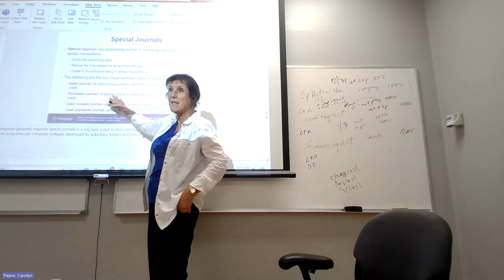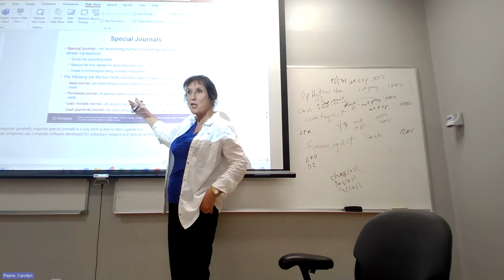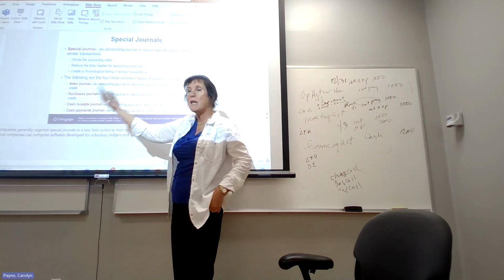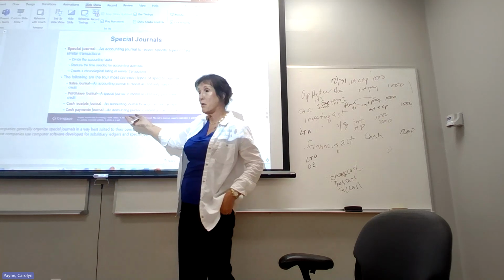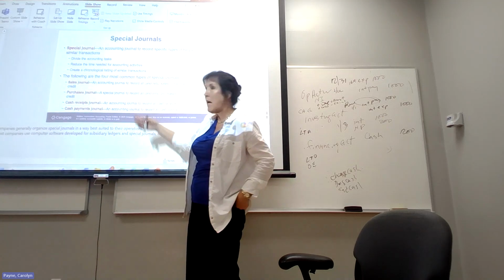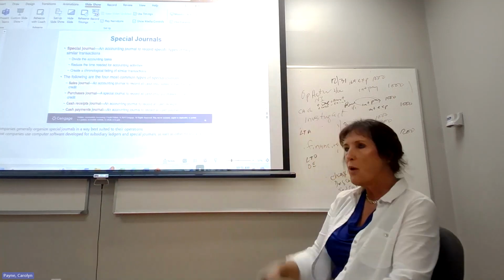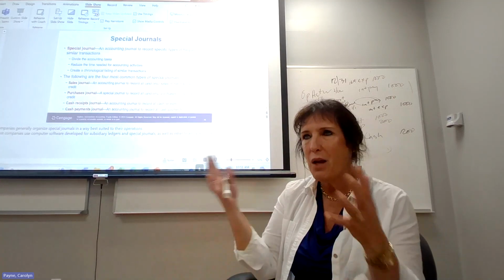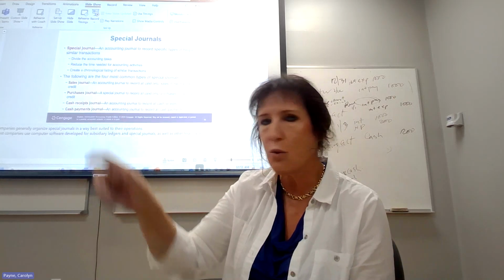I'm just not going to key a sales journal. It's going to come automatically from the accounts receivable system. The purchases journal is going to be AP because that's coming out of the accounts payable system. Cash receipts, CR is my source, and cash payments is going to be CD, cash disbursements. So I can print these journals, but we don't use special journals anymore. It's all just done by computer with the source code.